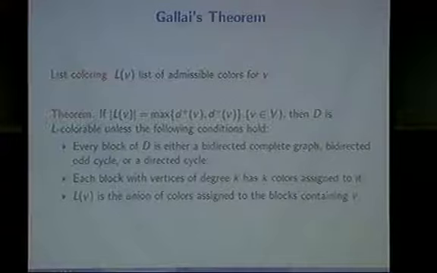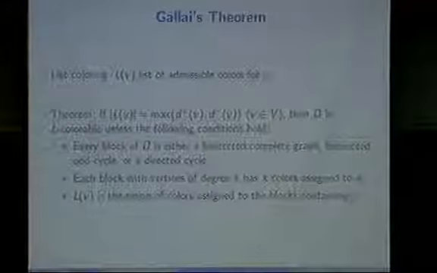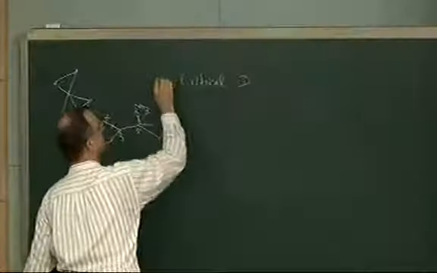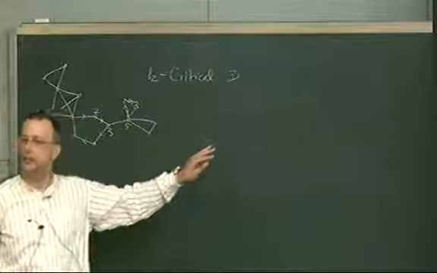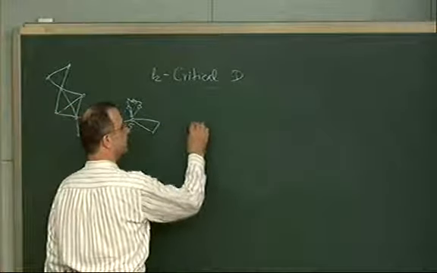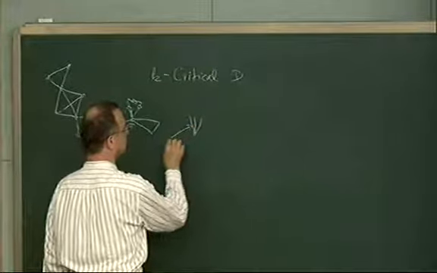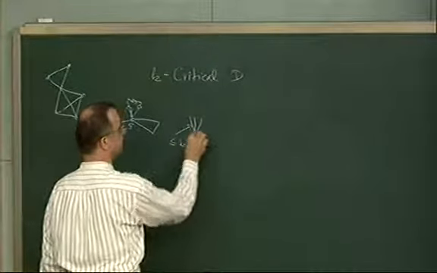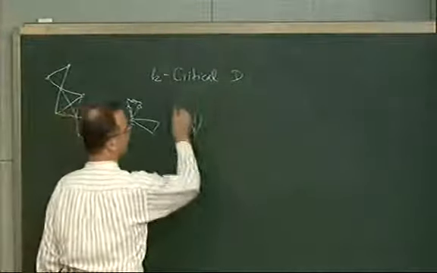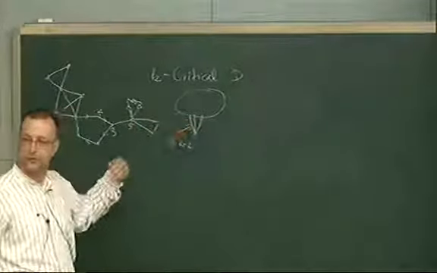Because you see, the following is definitely true. If you have a digraph and it's critical, let's say k-critical, it has chromatic number k, but if you remove any vertex, the chromatic number goes down to k minus 1. So if I have a vertex which has at most k minus 2 out-neighbors, then I can color the rest by using criticality.